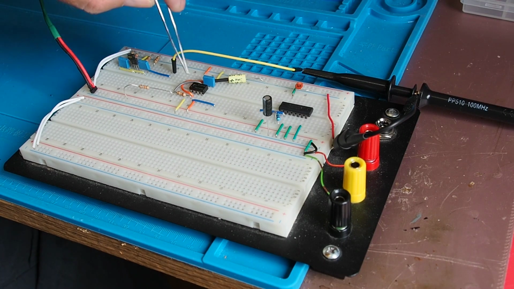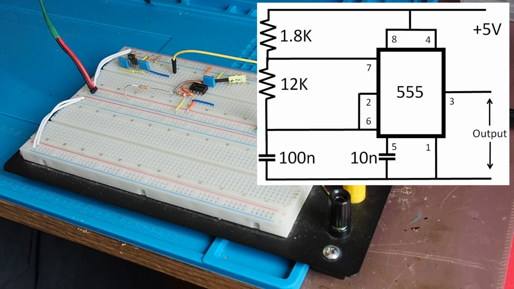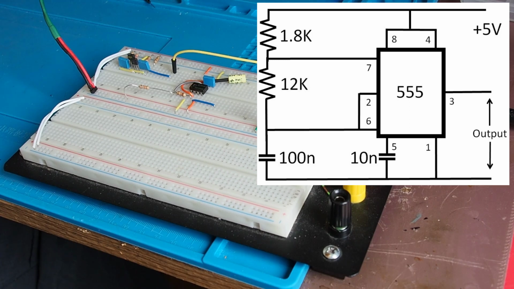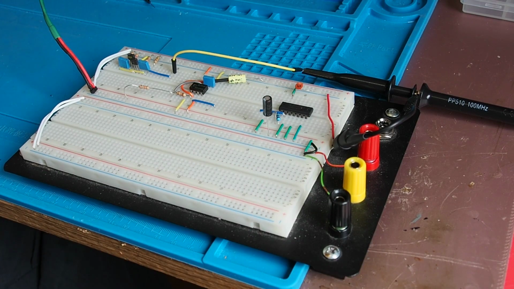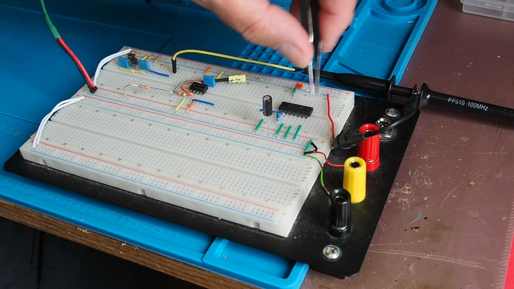The second circuit here is the 555 timer IC. It's the absolute classic arrangement of it. It's running in astable mode again, with the output on that blue jumper wire there. And finally, across here is a Schmitt trigger. This is actually a CMOS hex inverter that's got 6 gates on it.